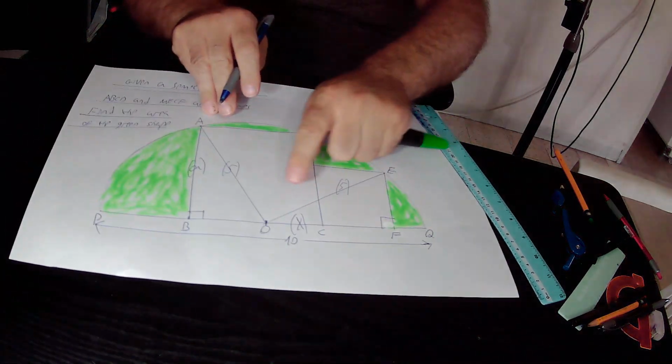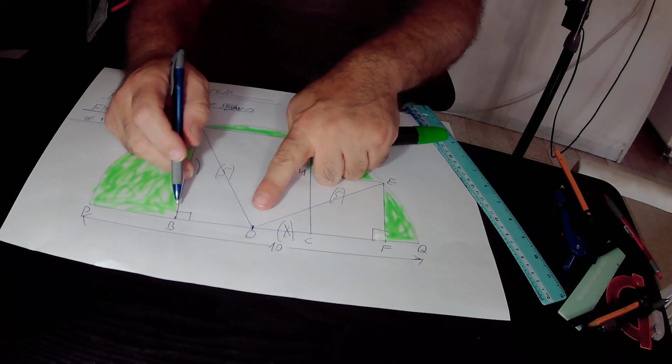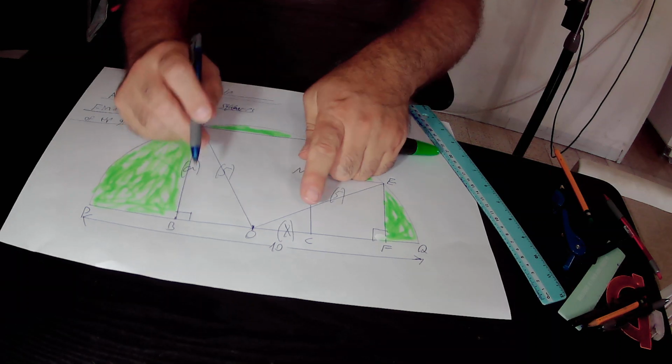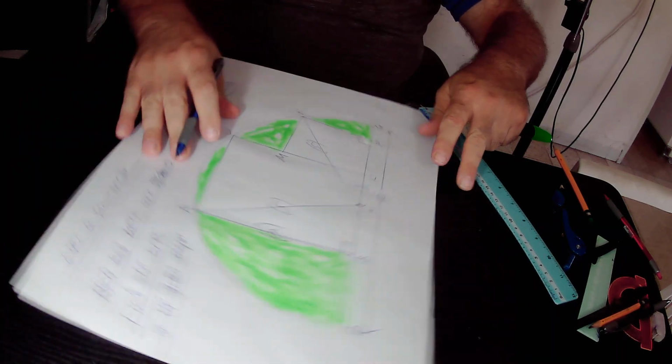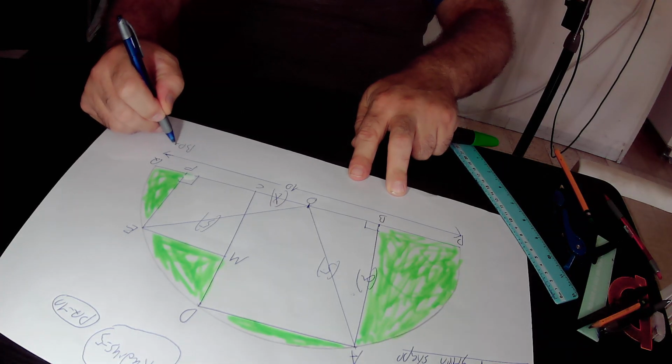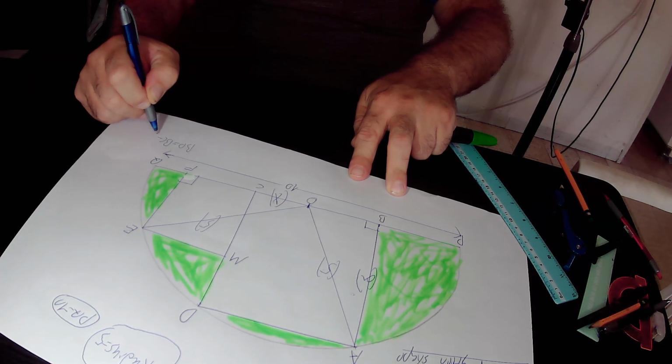So what is the length of the missing line segment BO? From the diagram it is very easy to see that BO equals BC minus OC.